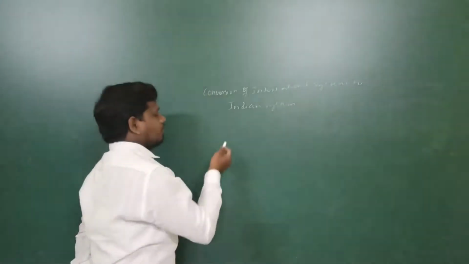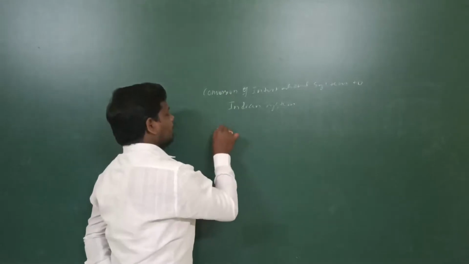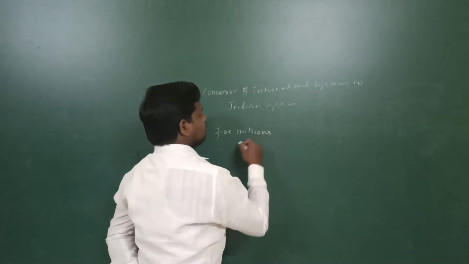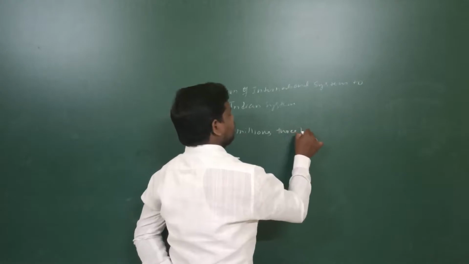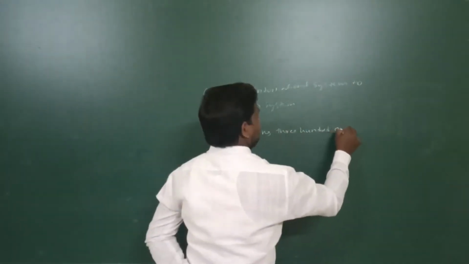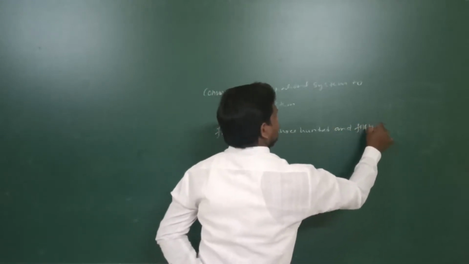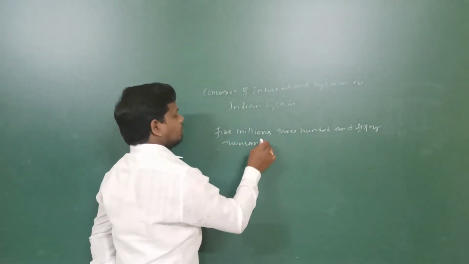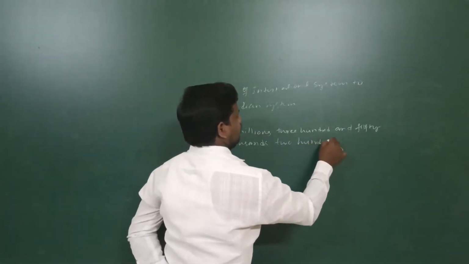For example, convert 5 millions, 300 and 50,000, 200 and 2.